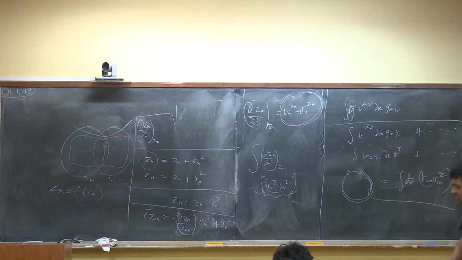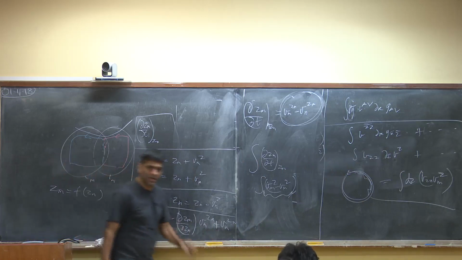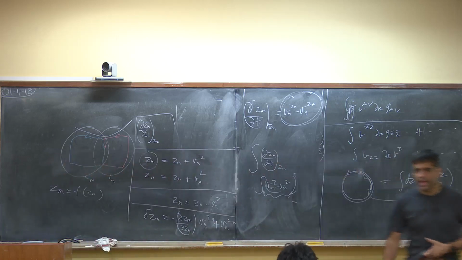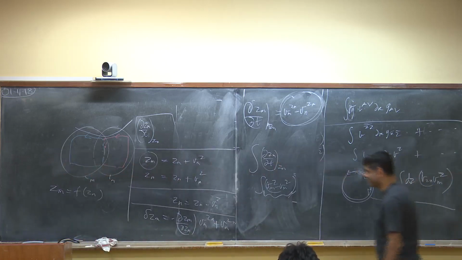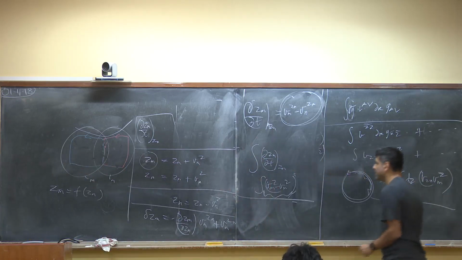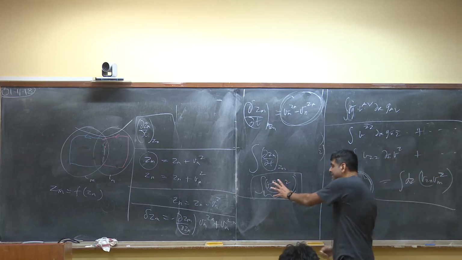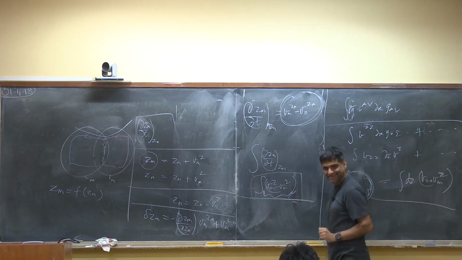You should be able to take it all the way. Otherwise, the whole patch business was not necessary. Great. So now we're in business, and this is the quantity that we're supposed to integrate.